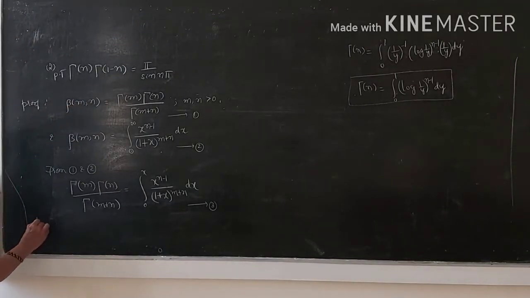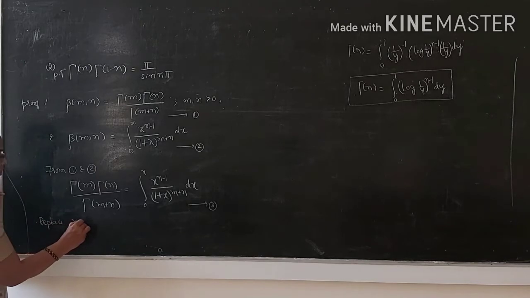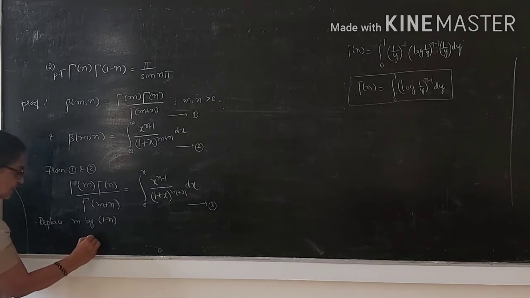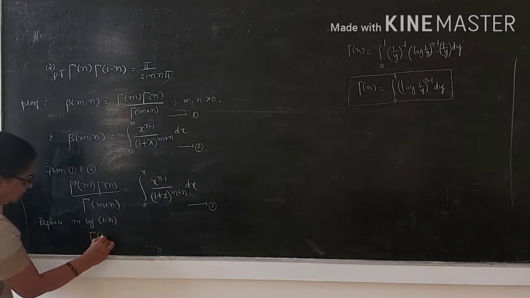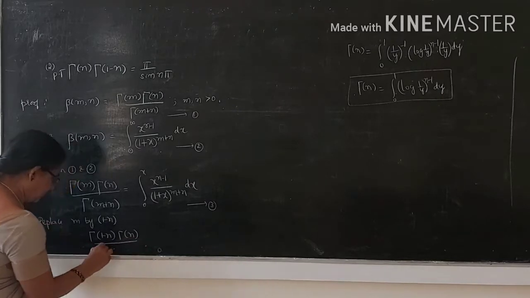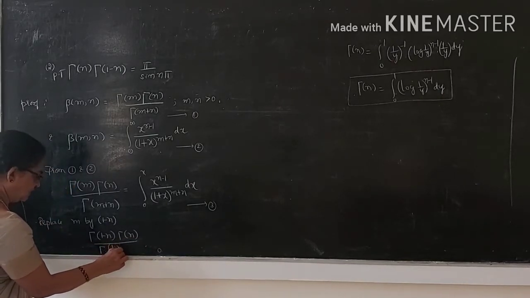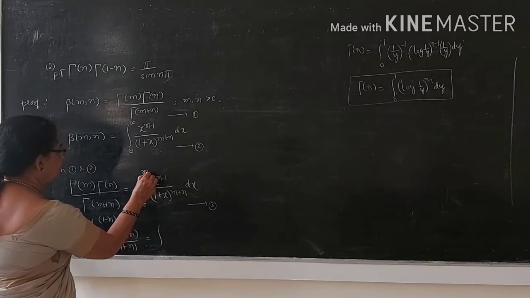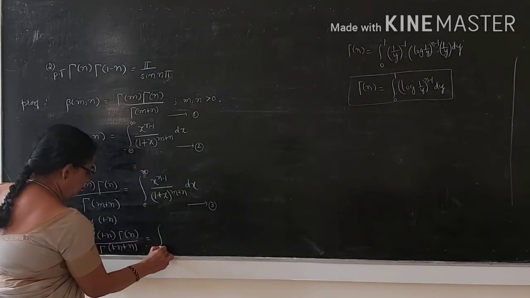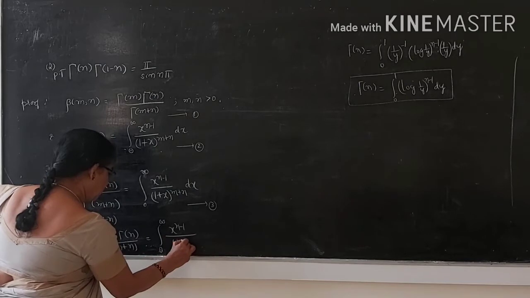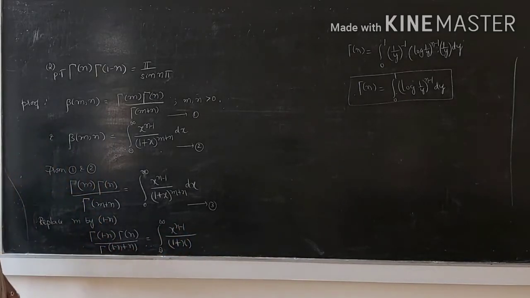Actually here gamma of n into gamma of 1 minus n is present. This is okay. If I replace m by 1 minus n, I am going to get gamma of 1 minus n into gamma of n divided by gamma of 1 minus n plus n, which is equal to integral 0 to infinity of x to the power of n minus 1 over (1 plus x) to the power of m plus n.